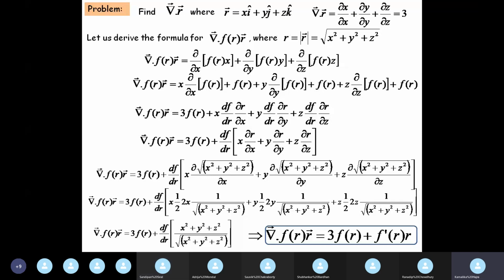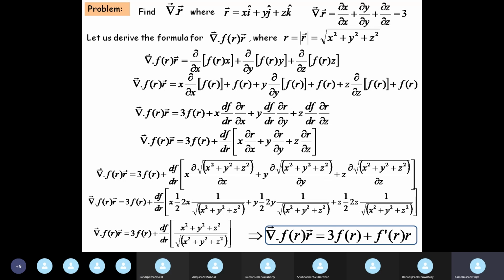Then 1 by r into r is what? Divergence, no vector. See, I told you this is a very common mistake. No vector. So the answer will be 3 log r plus 1.